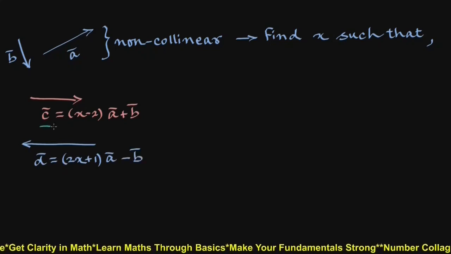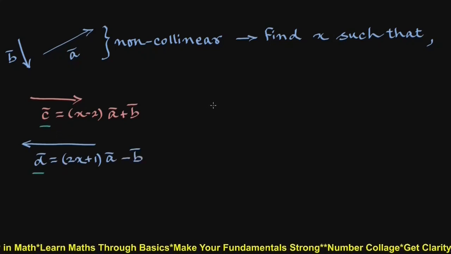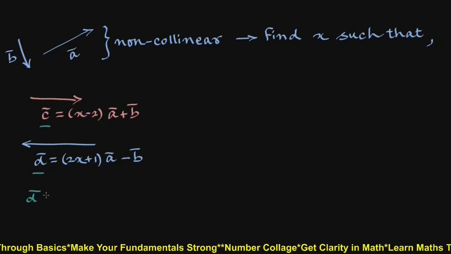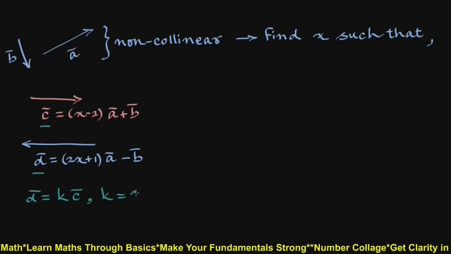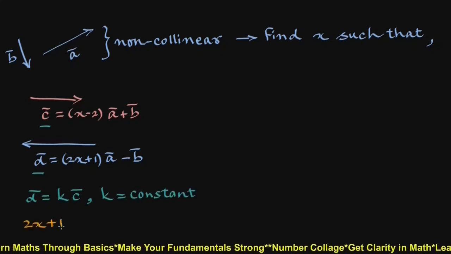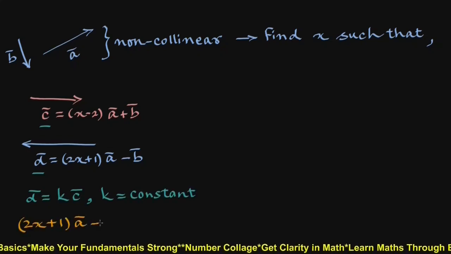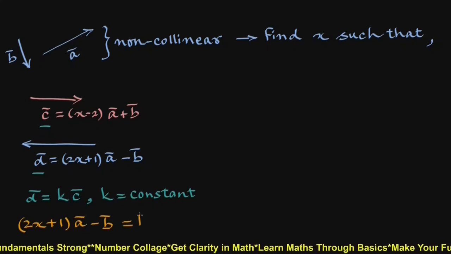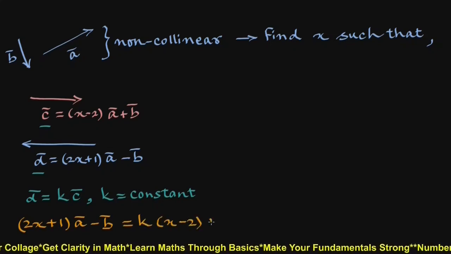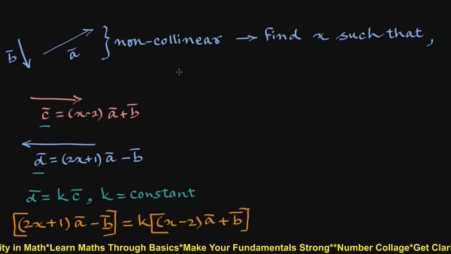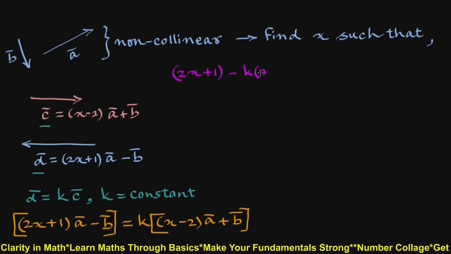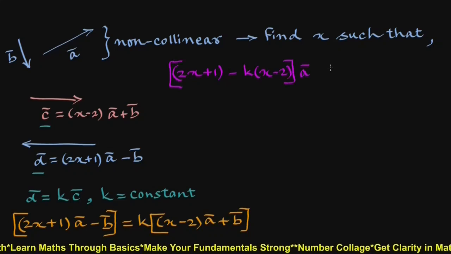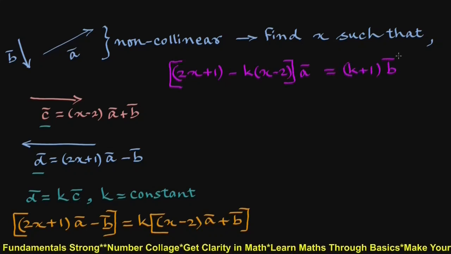Since vector c bar and d bar are collinear vectors, we write d bar equals k c bar, where k is a non-zero constant. So it becomes (2x plus 1) a bar minus b bar equals k times (x minus 2) a bar plus b bar, which will be (2x plus 1 minus k times (x minus 2)) a bar equals (k plus 1) b bar.